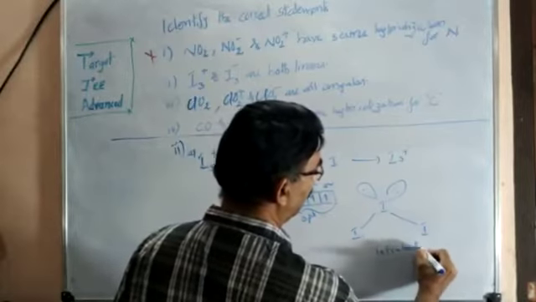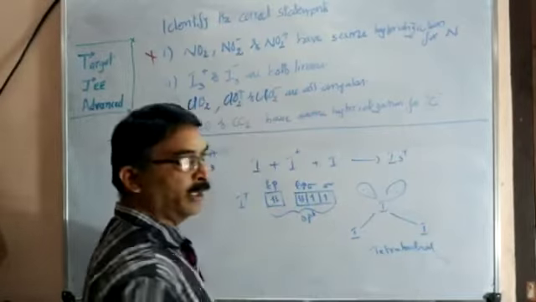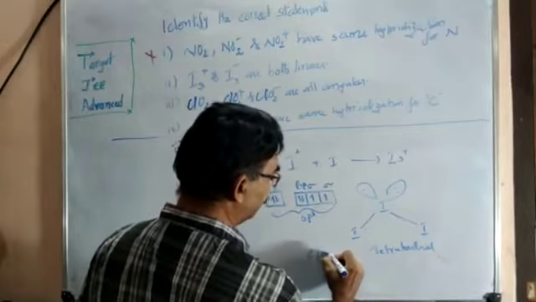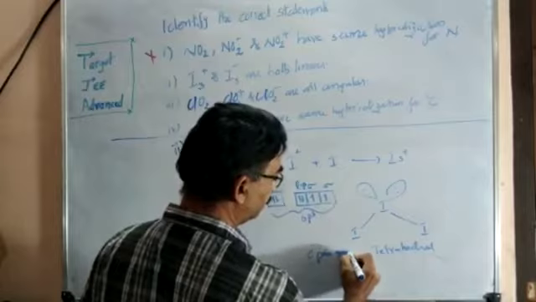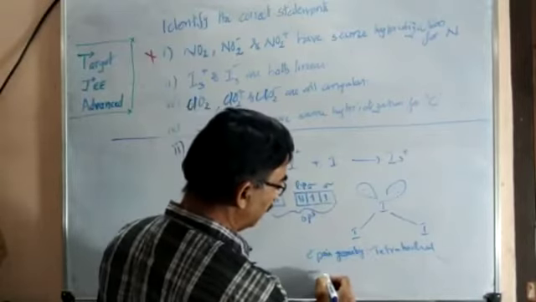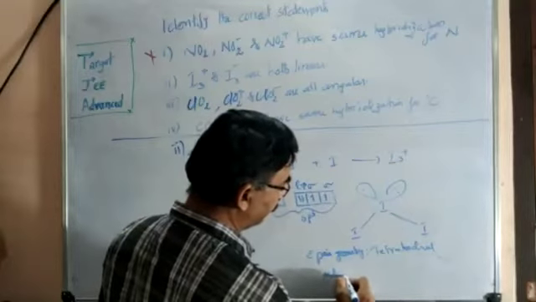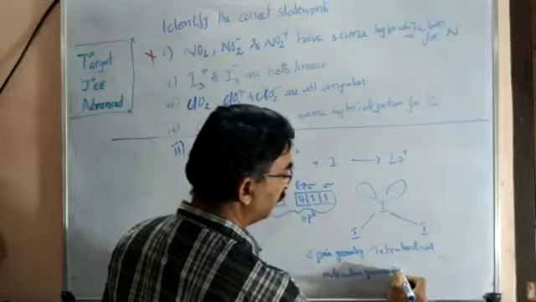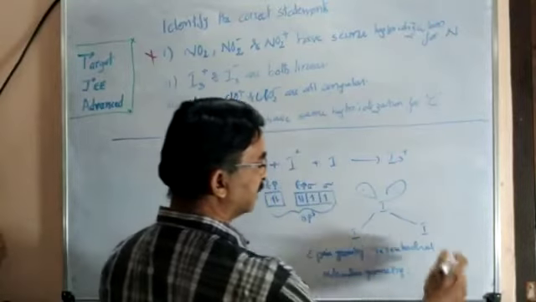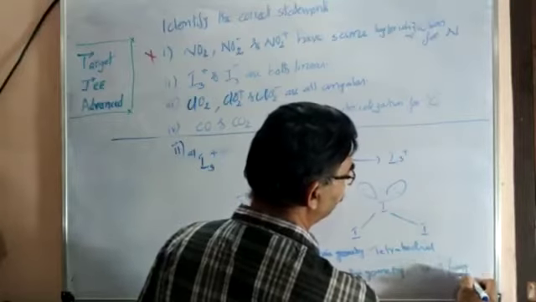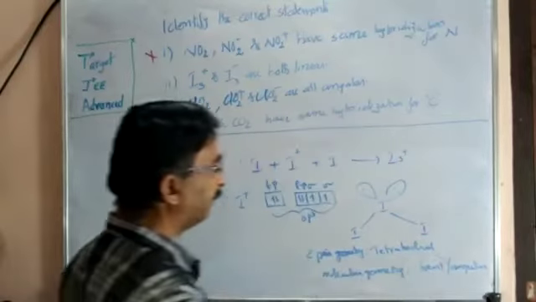Tetrahedral is the electron pair geometry, whereas molecular geometry, which excludes the lone pair, is bent or angular.